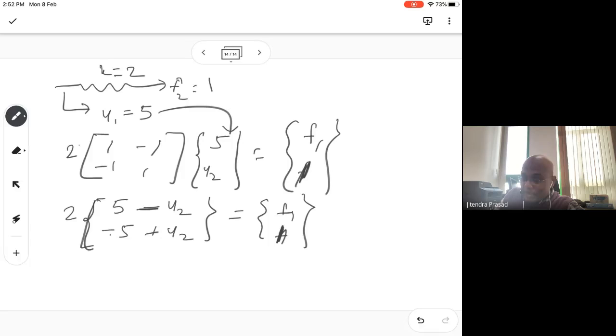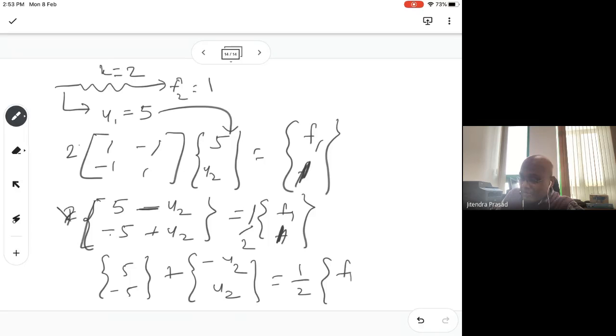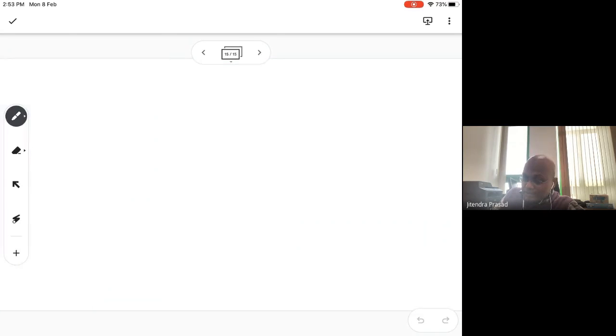Basically, that will be equal to, we can have 1 over 2 here. So get rid of that. So what do we get? We get 5 minus 5 plus minus U2 is equal to half F1, like this. Next, so basically what we get?